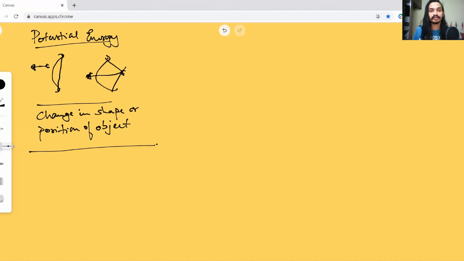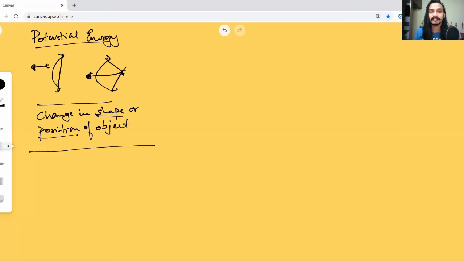So that rubber band stretching is also a form of potential energy. You use energy to change the shape of the rubber band, stretch it, and once you release it, the stored energy in the rubber band gets released. It comes back to its original shape, but the energy makes it fly. So that is one form of potential energy that talks about shape.